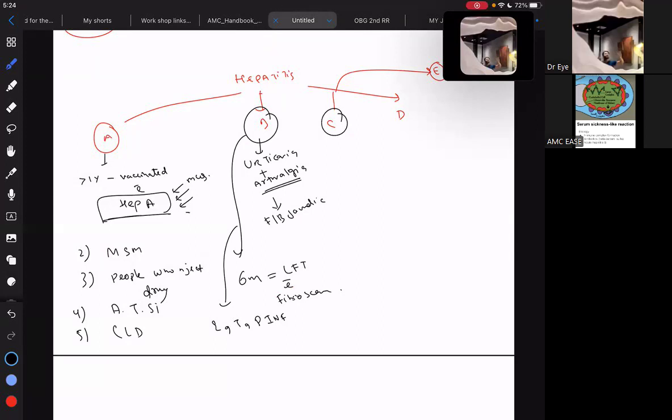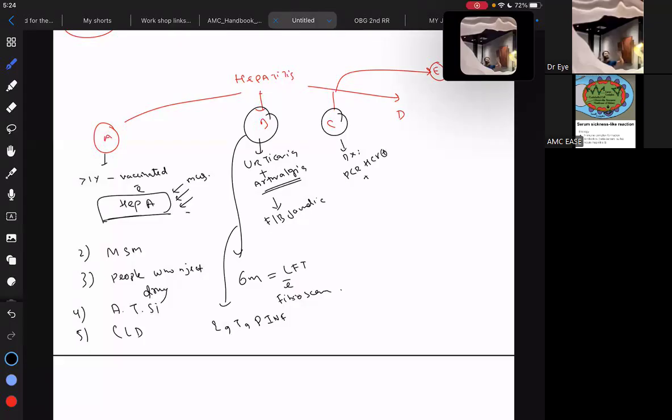we use direct acting antivirals like sofosbuvir, simeprevir, dasabuvir, and ledipasvir is also used. But the diagnostic part is important, where we go for PCR hepatitis C virus.